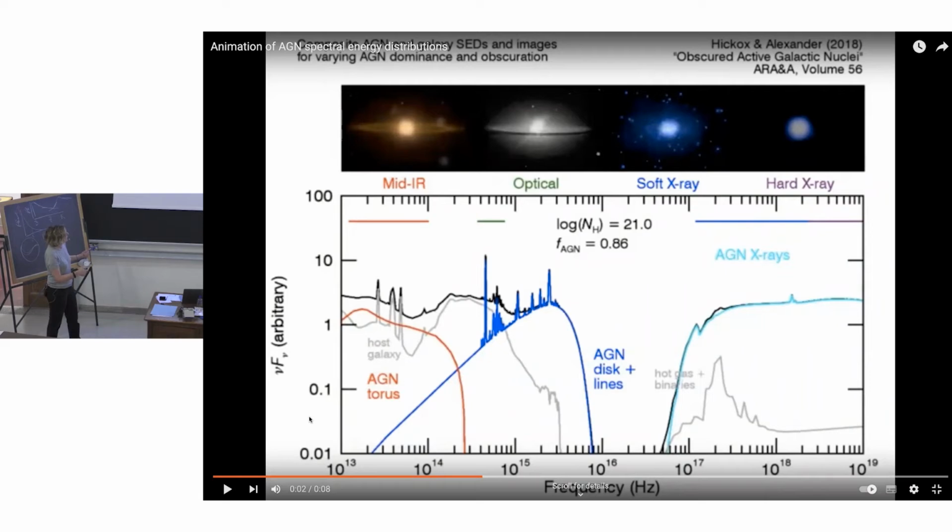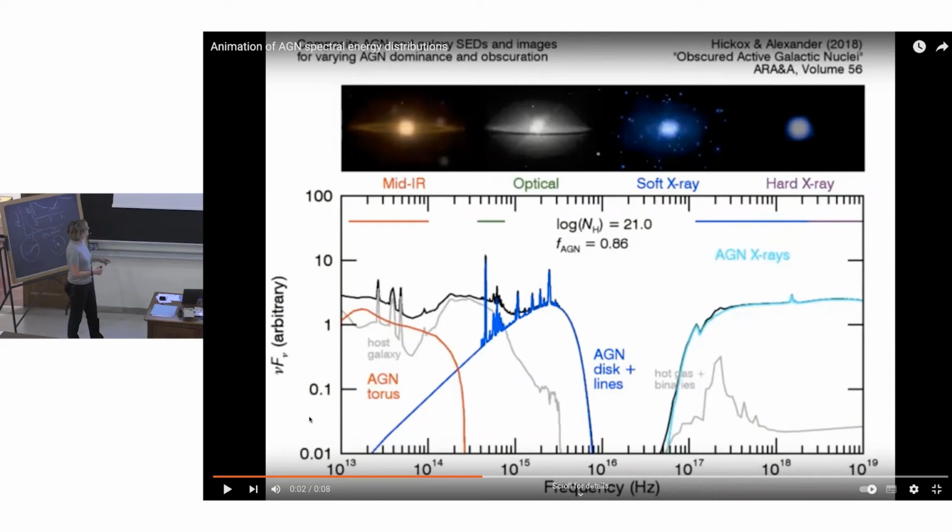The red part is the dust that surrounds the black hole, and depending on the intensity of the black hole heating up the dust, this will have a different intensity. And the gray guy here is just one of the many galaxies that I had before in my profile.